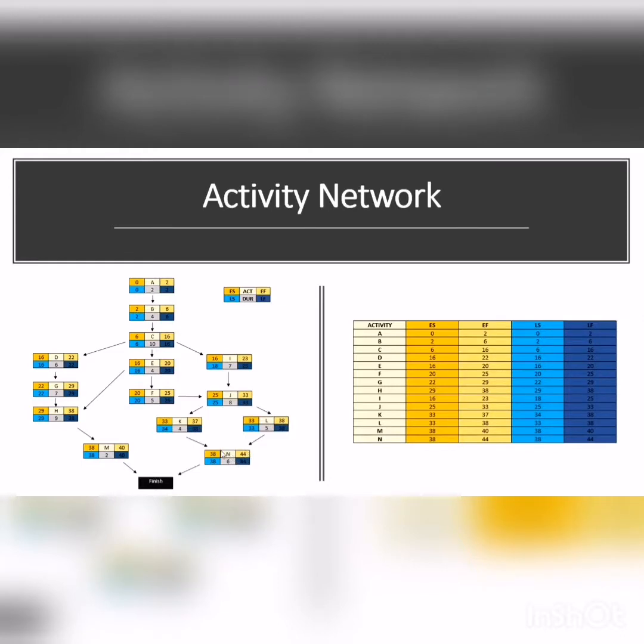So this is how we get the value of ES and EF for each activity. So now, how do we get the value of LS and LF? In that case, we're going to have to do the backward pass. Firstly, we bring the 44 down to LF, so the value of LF at N is 44.